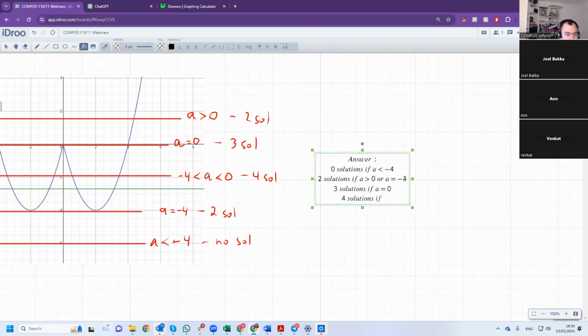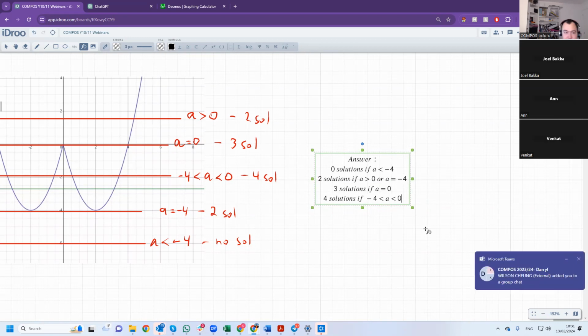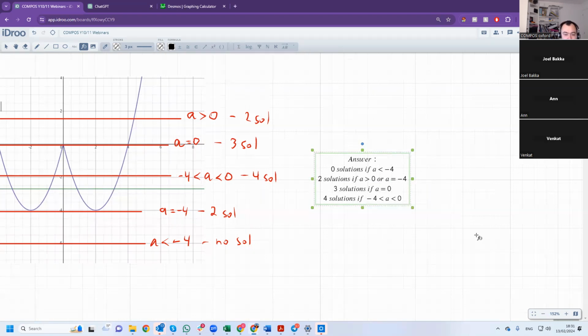Equals -4 if a equals -4, 3 solutions if a equals 0, and 4 solutions if -4 less than a less than 0. Okay, I hope that makes sense.